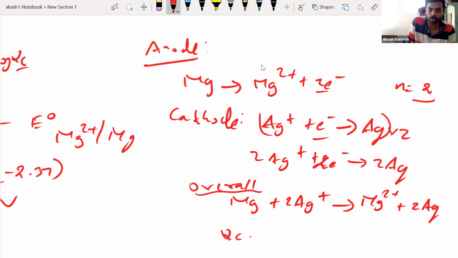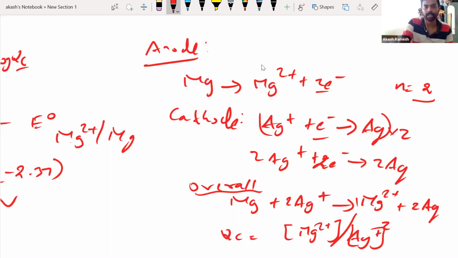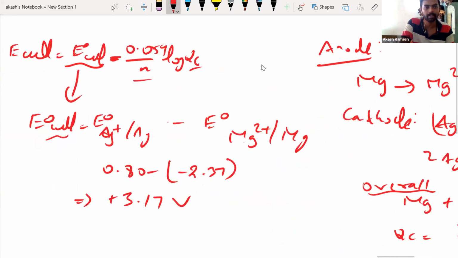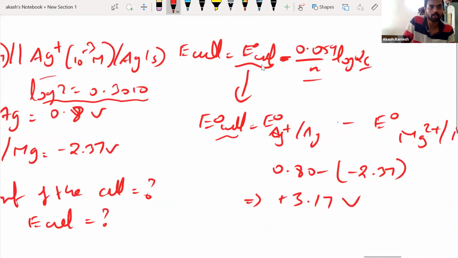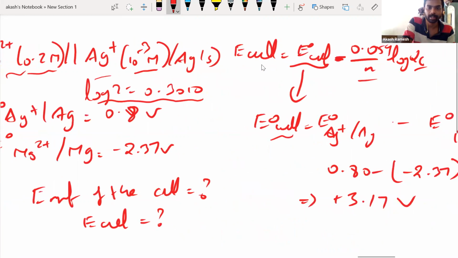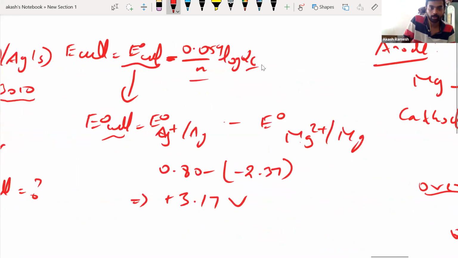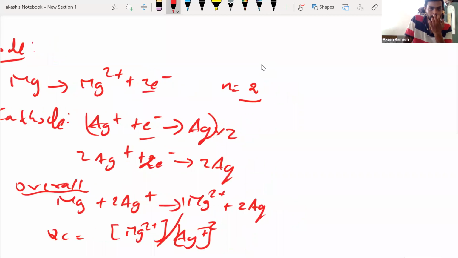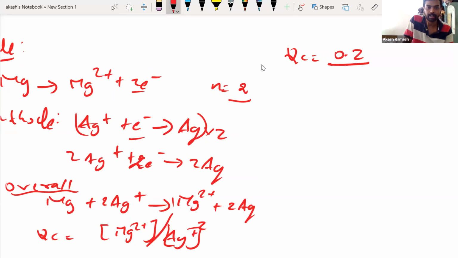From this I can write QC. QC is Mg2 plus concentration to the power 1, because there is no stoichiometric coefficient, divided by Ag plus concentration squared. They have given Mg2 plus concentration as 0.2 M and Ag plus concentration as 10 to the power minus 3.